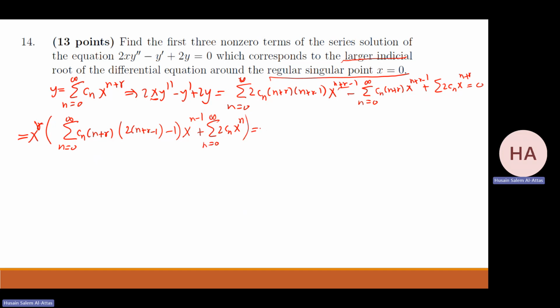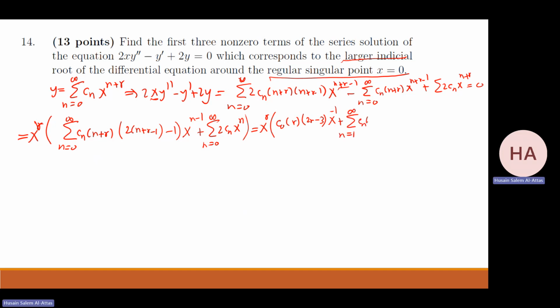Well, in the first one to get the indicial equation, we have C0 r. This is n equals 0. I have 2r minus 2 minus 1, so it's minus 3, x to the power minus 1, plus this is starting from 1.